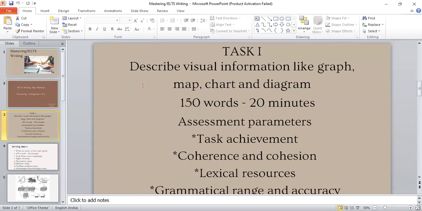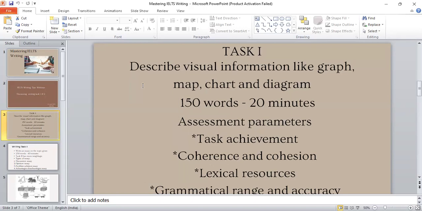You have to write 150 words minimum. Less than 150 words means you will get a lower score. It can rise up to 150 to 170 or 180 words.